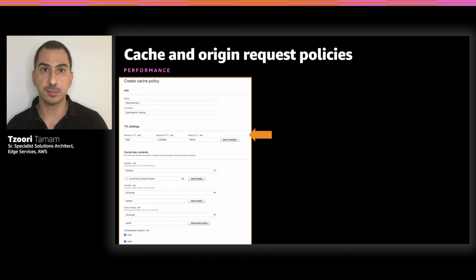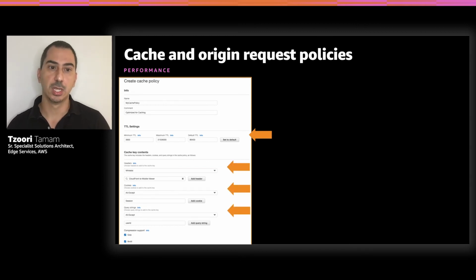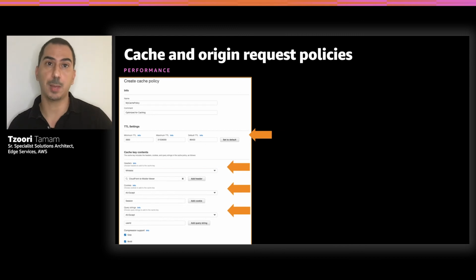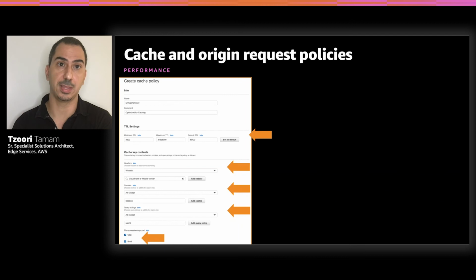And obviously, you can still control the TTLs and such, but you have finer control over whether or not you want to have specific cookies going into the cache key, and then you can have separate objects saved under a different cache key based on, let's say, the session cookie, if this item should only be kept in cache for that specific session and no others. But you can also say that user agents don't go into the cache key, right? So you can have fine control over what goes into the cache key and what doesn't, without any correlation to what you want to send over to the origin, and we'll see that in a minute.